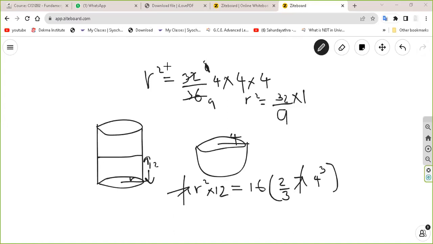So students, here first we have to make R squared the subject. Then R squared equals 32 into 16 over 9. Then what is R?